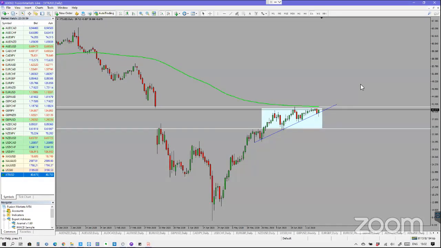People say to me, "Where do you think oil's going to go?" And it's just like, I don't know. I got nothing. It went up there and kissed the 200 moving average, and then it came straight back down again. And then it's just bumped backwards and forwards.